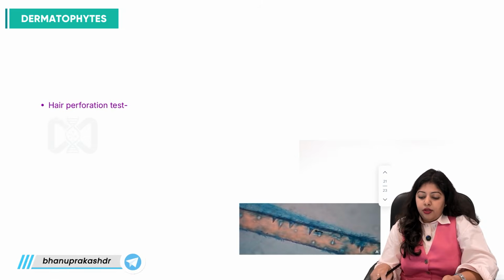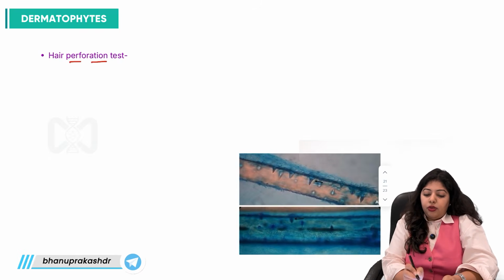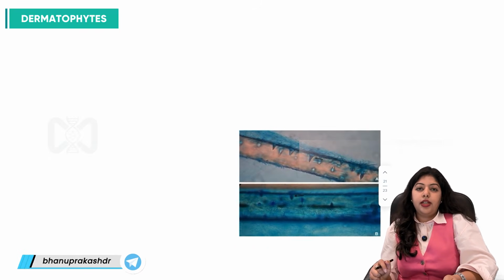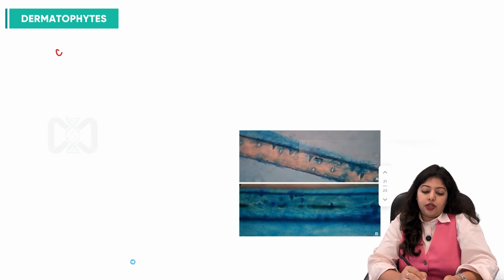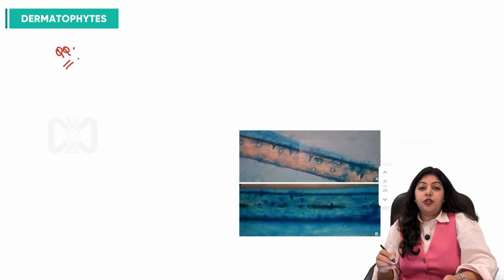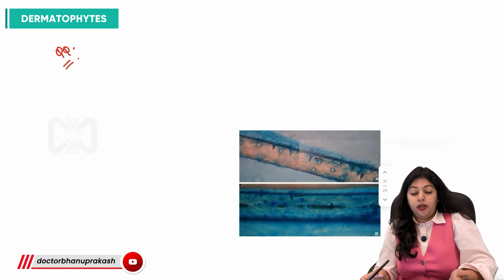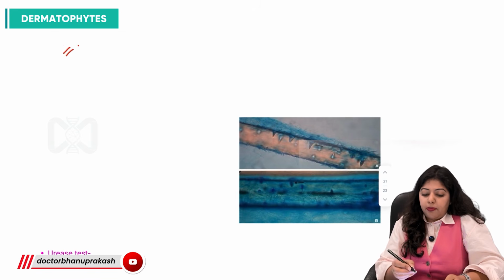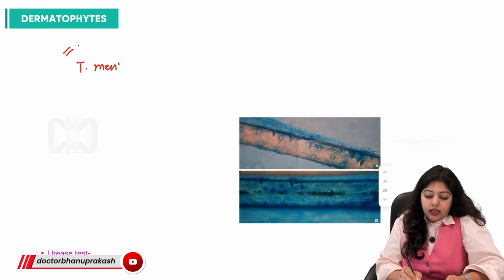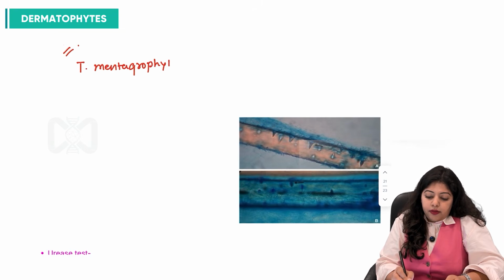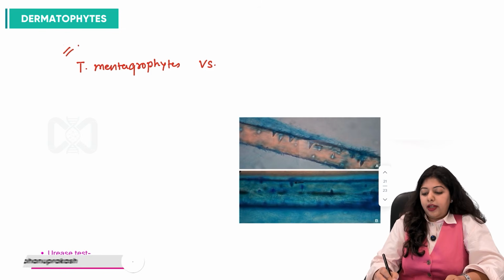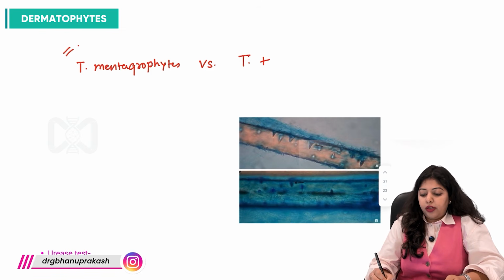Right? So now let us also know what this hair perforation test is, which is also an important test, done to differentiate between different species of dermatophytes. This is a test specifically done to differentiate between Trichophyton mentagrophytes versus Trichophyton tonsurans.